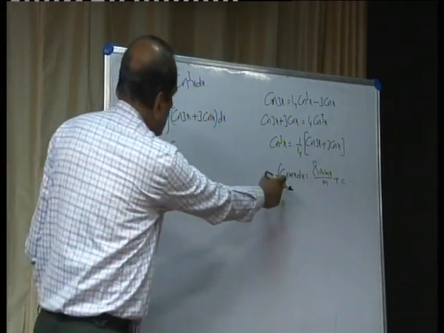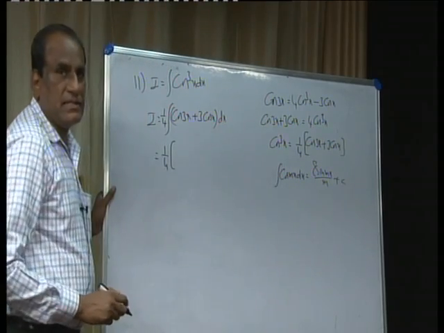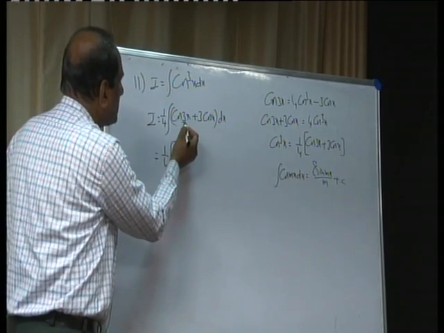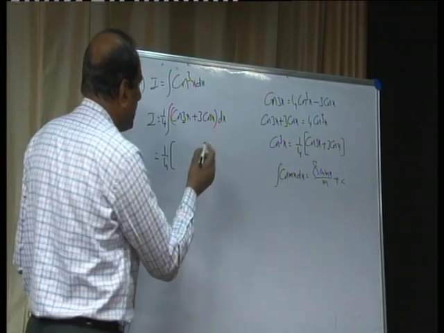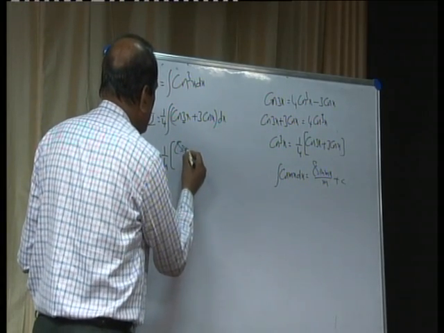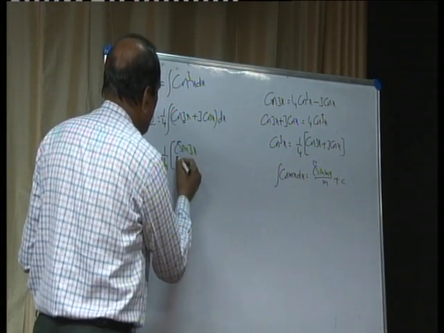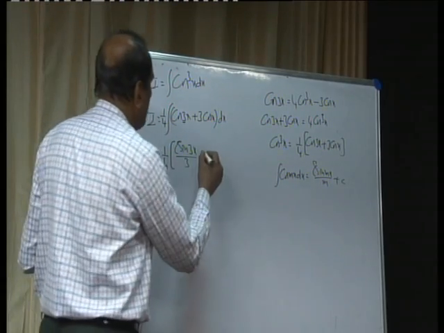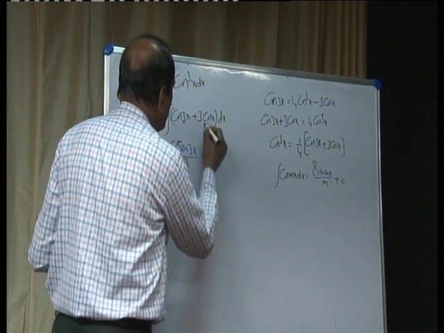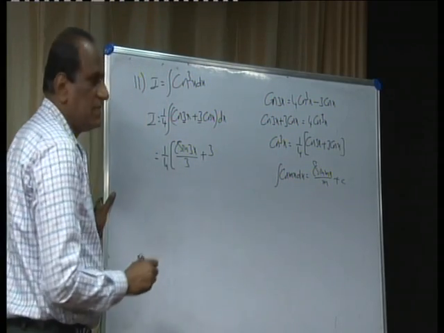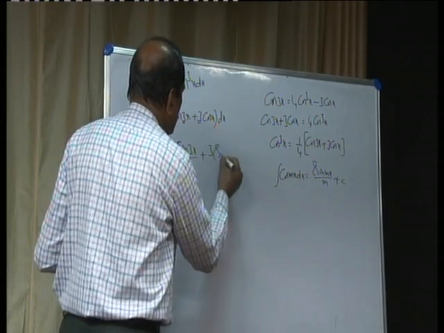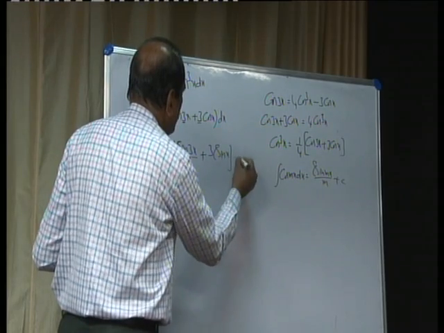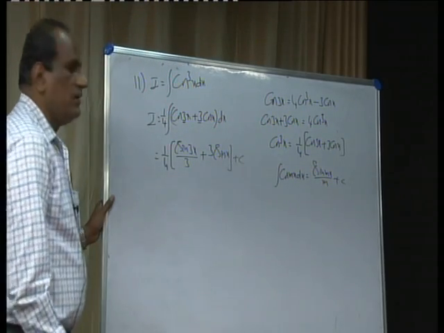Use this result to integrate cos 3x. Here the m value is 3, so sin 3x by 3, plus 3, a constant, into the integration of cos x, which is sin x. After integration, write plus c.